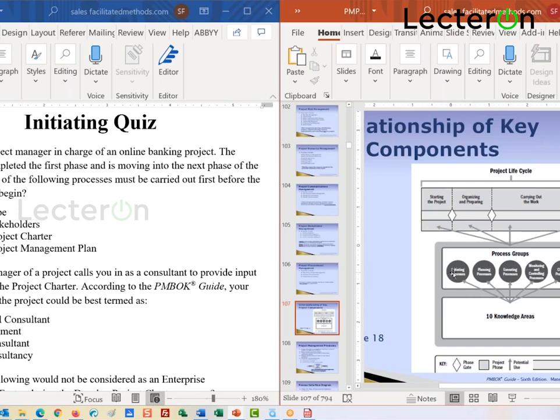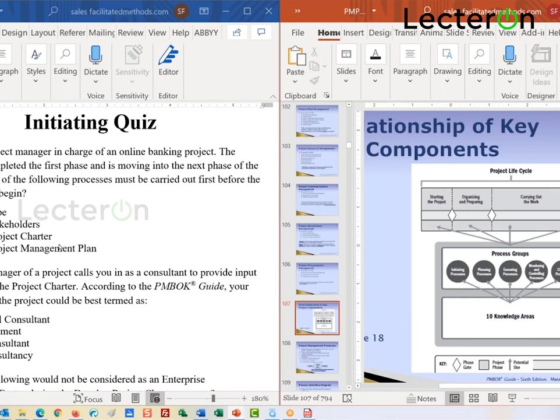So when I start this next phase, the first thing you would do, you don't develop a charter, because I said it was only one time. But what else is in the initiating process? Michael, you got it right. The idea is identify stakeholders.